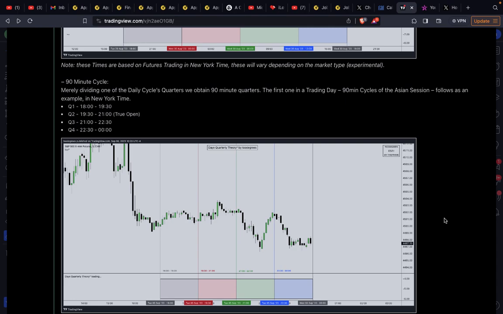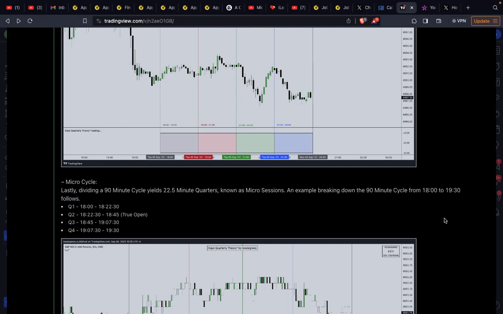Q1 is 6 to half past 7, then half past 7 to 9, true open, 9 to half past 10, and then 10:30 to midnight. If you were trading the Asian session, between 9 and half past 10 Eastern Standard Time is when you would get your nice expansion move, after the manipulation of Q2, if you have a textbook AMDX profile.